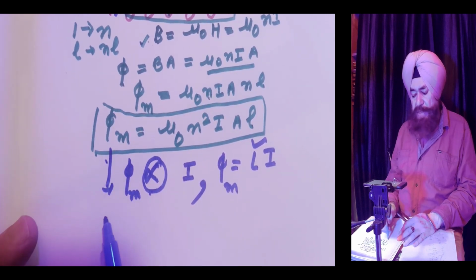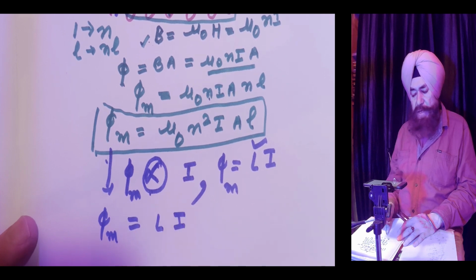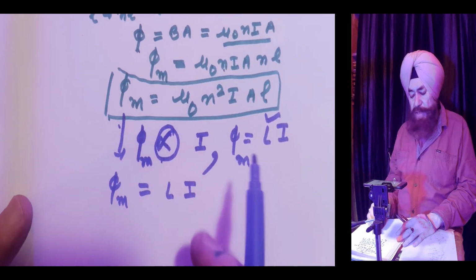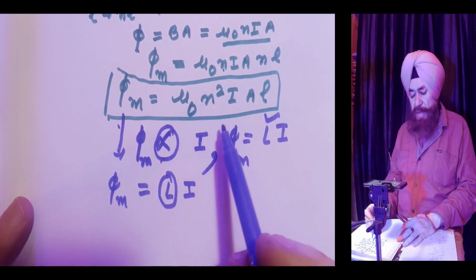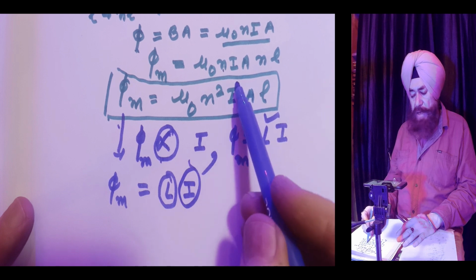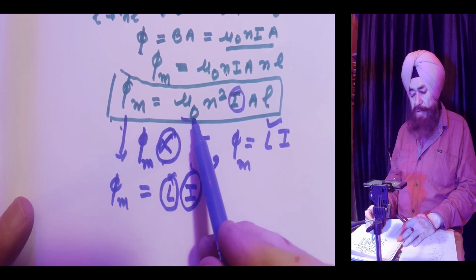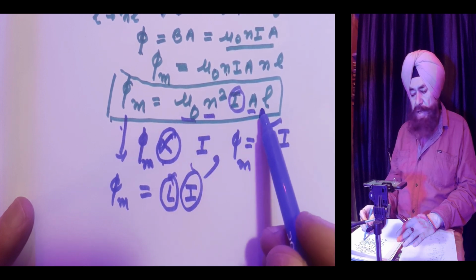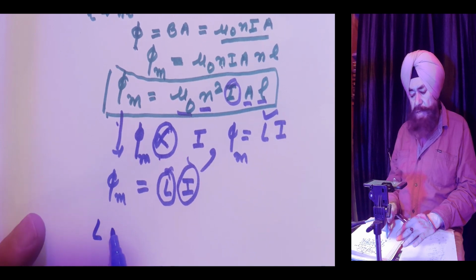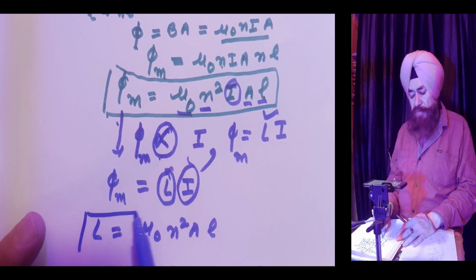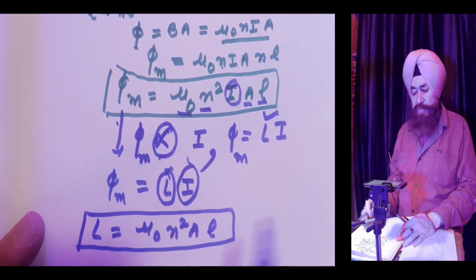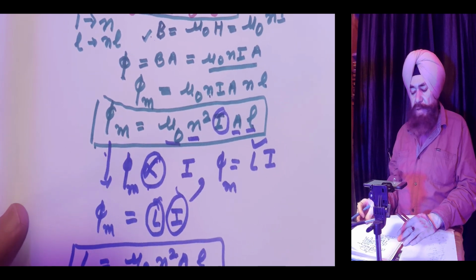If you compare this expression with self-induction and current, then L equals mu naught N square A into L. This is the coefficient of self-induction.